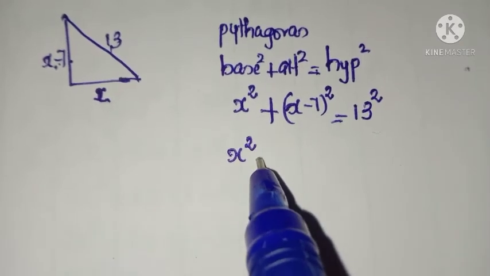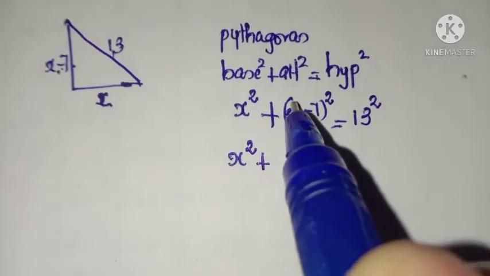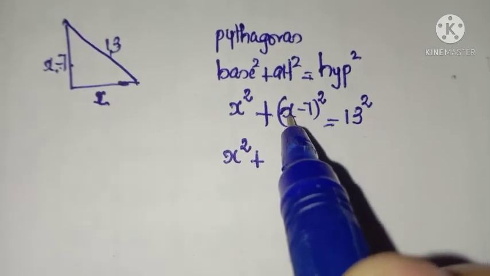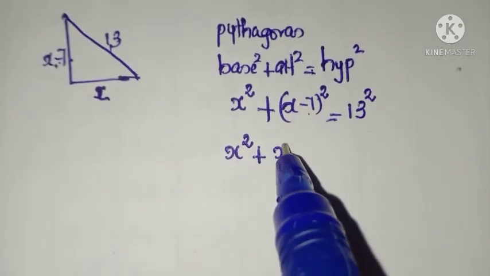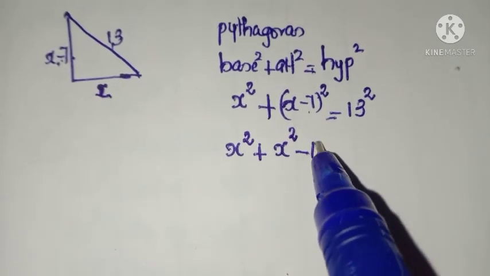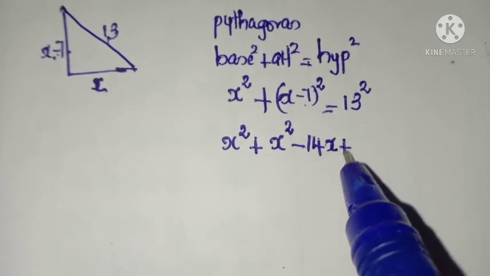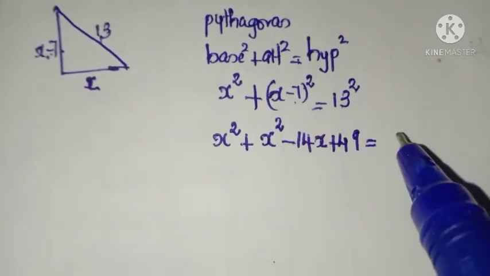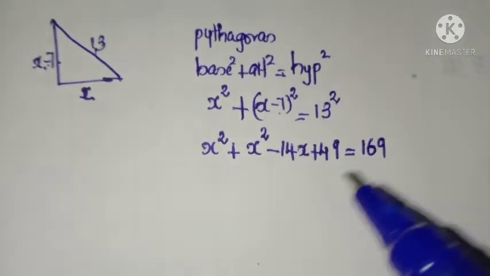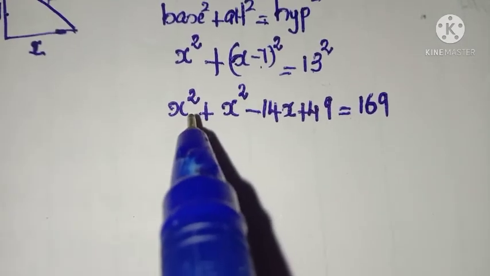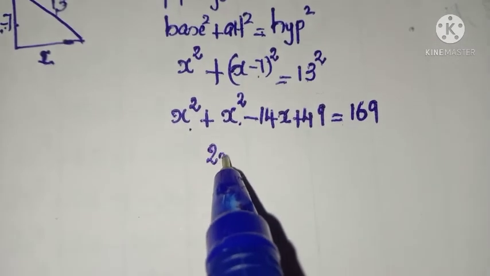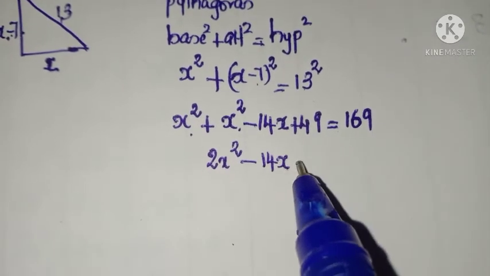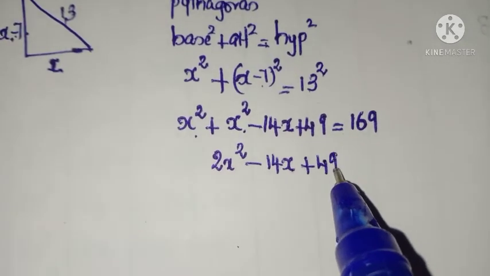This can be written as x square plus, using the identity a minus b the whole square, we can write x minus 7 the whole square equal to x square minus 14x plus 49 equal to 13 square. 13 square is 169. Now x square plus x square is 2x square minus 14x plus 49.